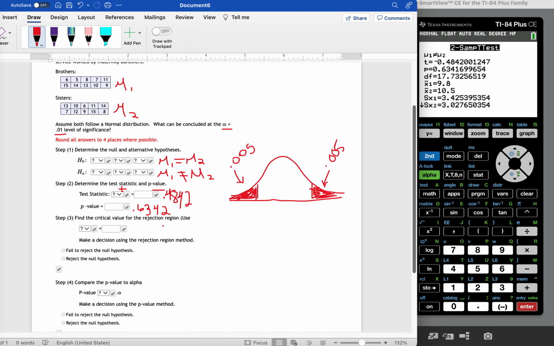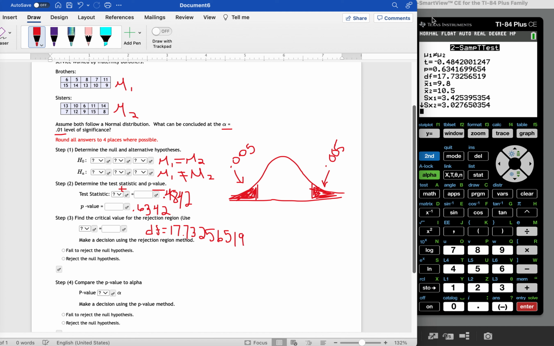So when we find our critical value, we're going to use inverse t. When I look on the calculator, the degrees of freedom from the calculator is 17.73256519.